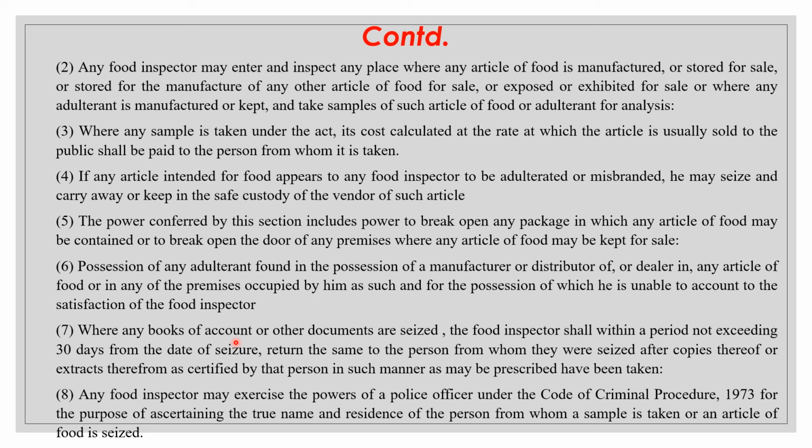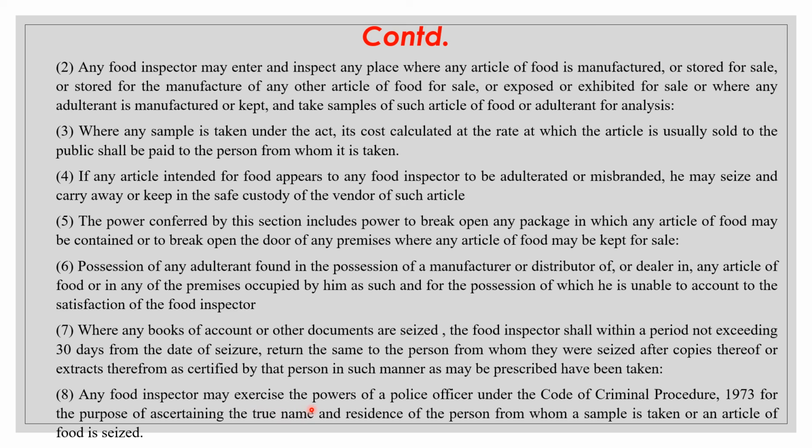And the inspector can seize the books of accounts or other documents. Okay, so there is another condition. Within 30 days, he has to return the same to the person from whom they were seized, after making copies of them and certified by the person in such manner as may be prescribed.